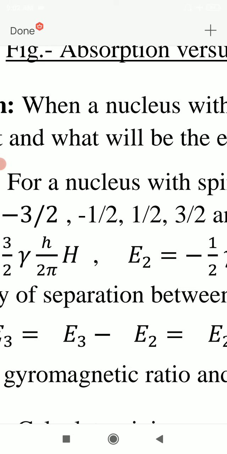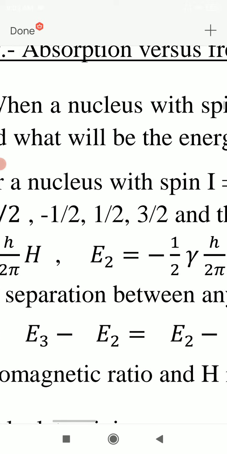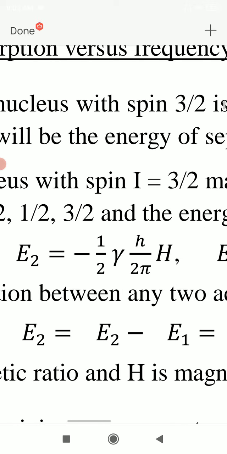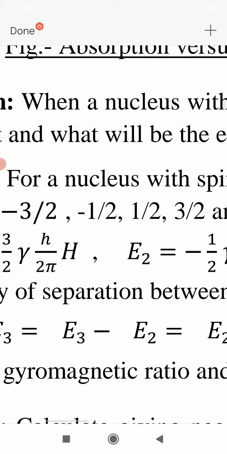Minus 3 by 2, if we add 1, we get minus 1 by 2. If we add 1, we get plus 1 by 2, and if we add 1, we get 3 by 2. So if I is 3 by 2, Mi have four values: minus 3 by 2, minus 1 by 2, 1 by 2, and 3 by 2.